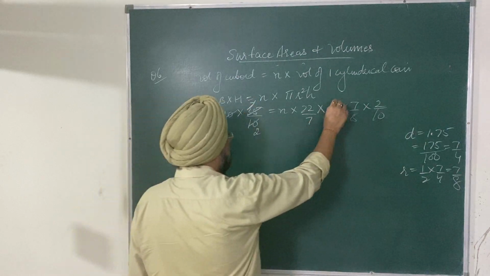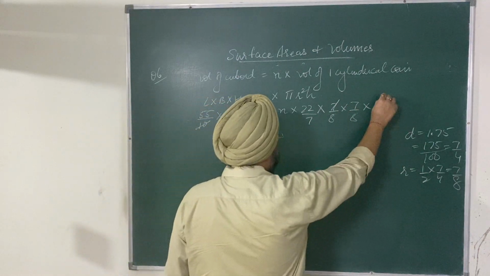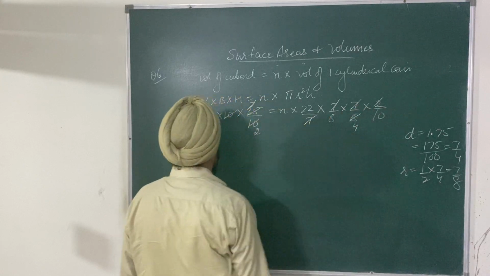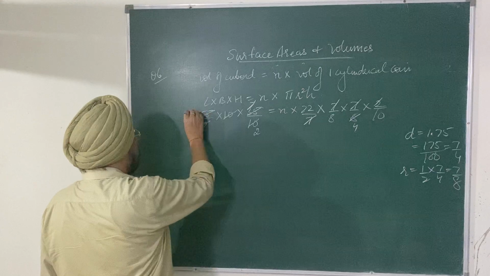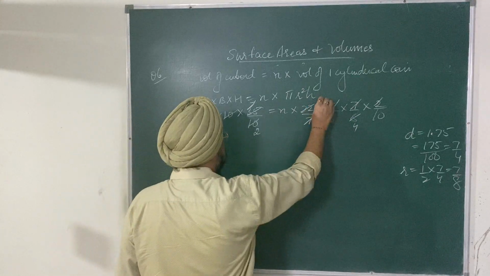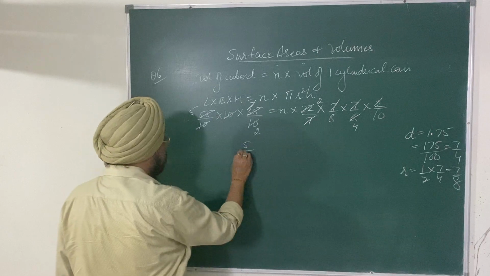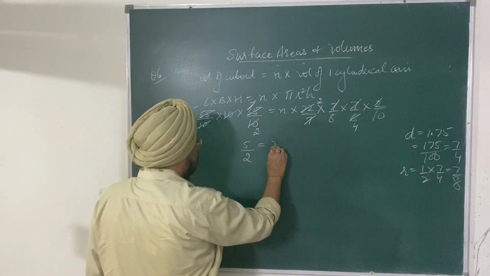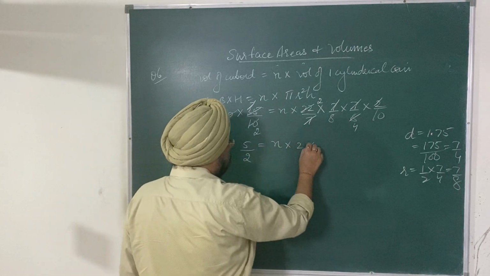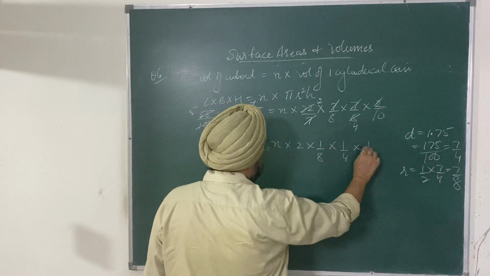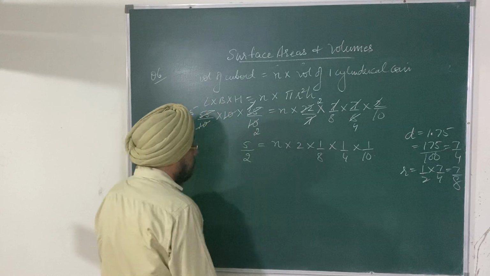This 7 is cancelled with this 7. 4, 7, 11 into 5, 11 into 2. So what is left on the left hand side? We are having 5 by 2. On right hand side we are having 2 multiplied by 1 over 8, multiplied by 1 by 4, multiplied by 1 by 2.